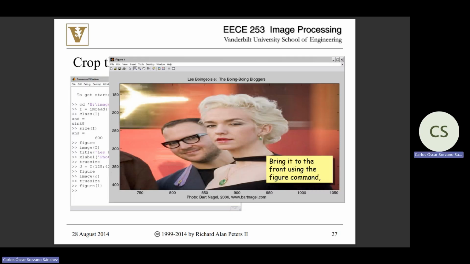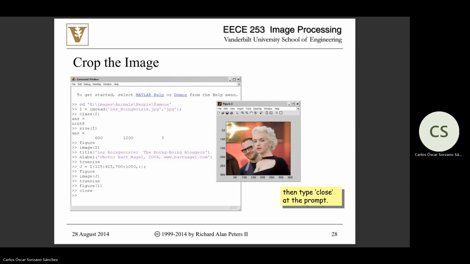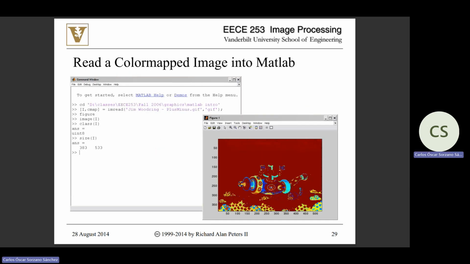Okay. So now I repeat the same process, but with a different kind of file format, that is the GIF format. So the GIF format will read the image, and I will not comment for the moment on what it is. So we read the image, and if I ask what kind of data you have, unsigned integers of 8 bits, that's fine.